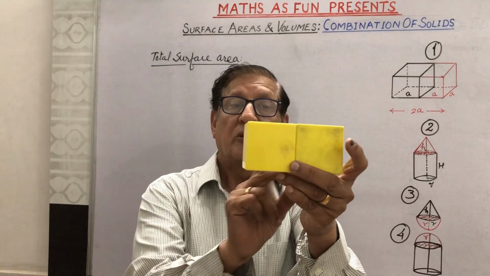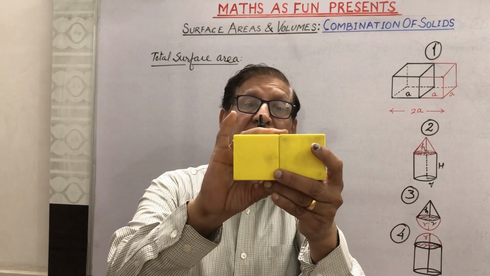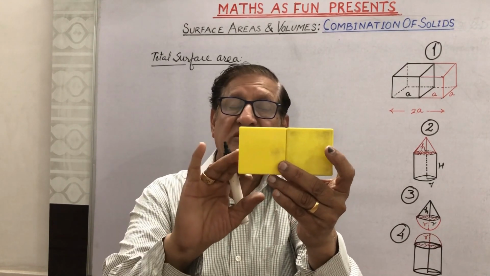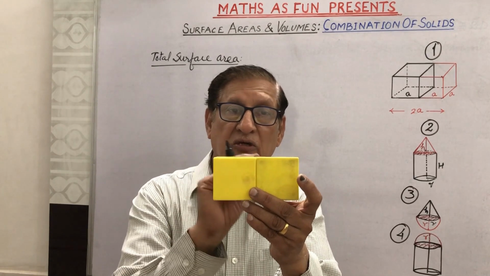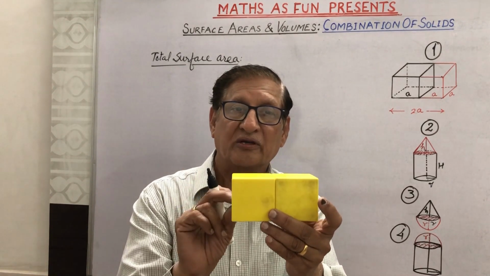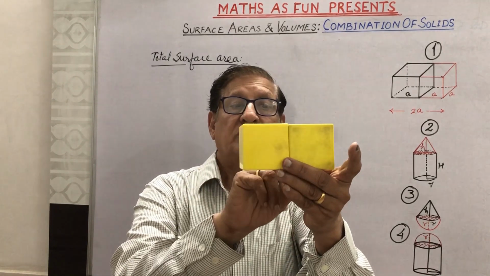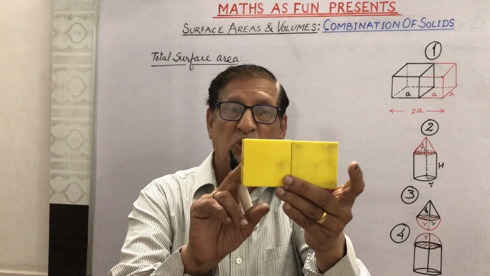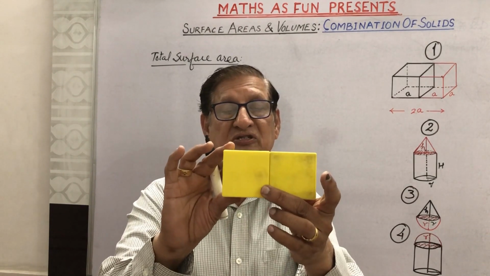Now this is no more a cube, this becomes a cuboid. And then we can find out the total surface area of this by applying the formula of finding the total surface area of a cuboid, and the volume will be the sum of the two cubes, or we can find out that of the cuboid which is formed here.